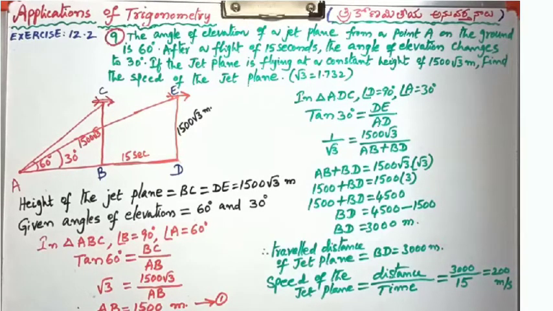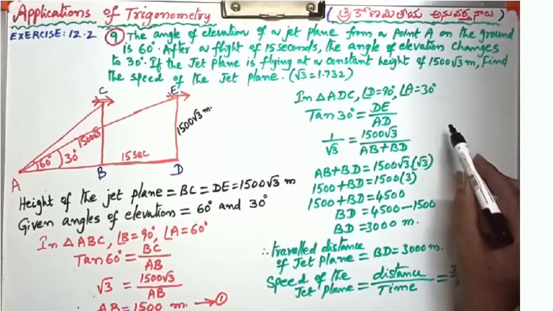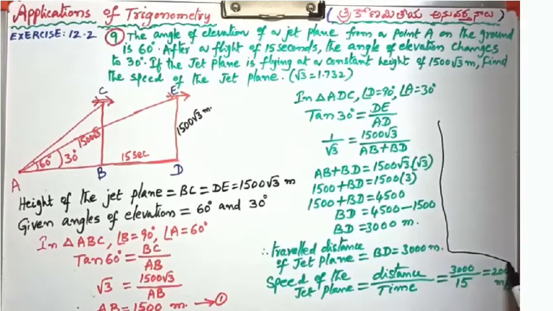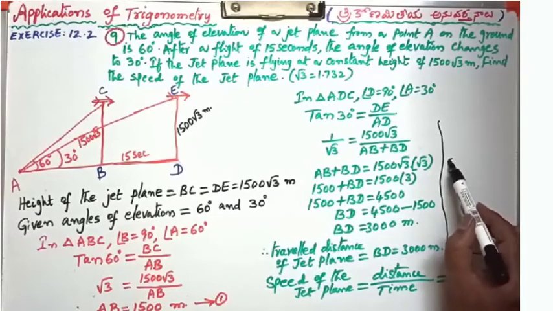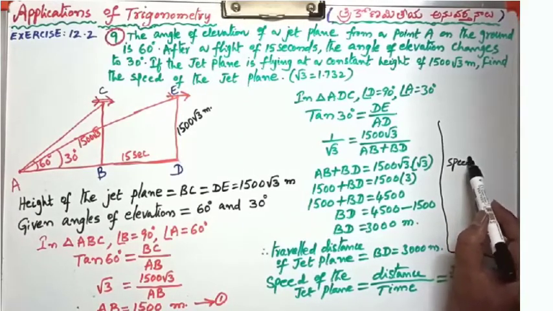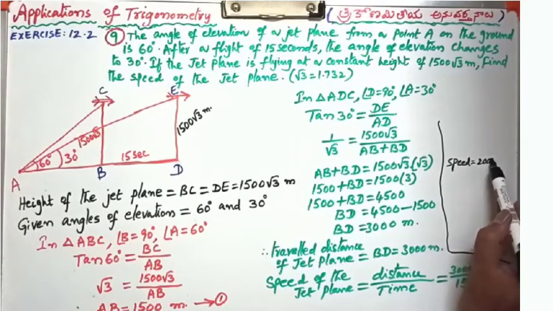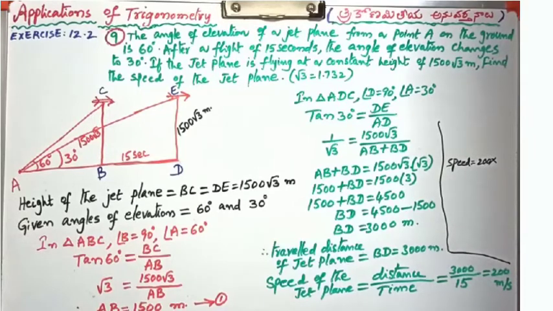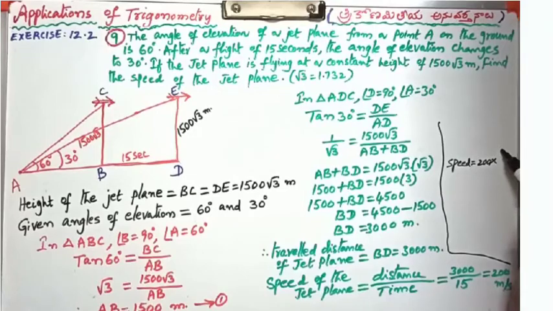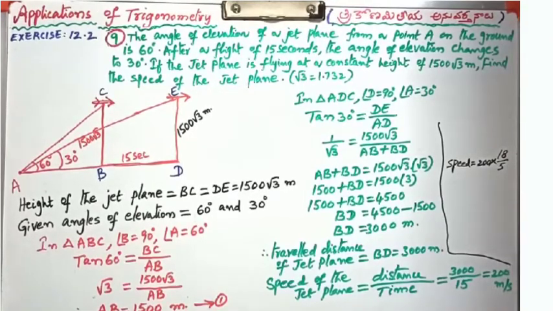Now suppose we want to change this speed into kilometers per hour, then we have to multiply with 18 by 5.